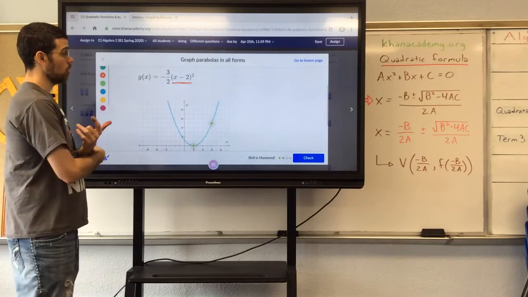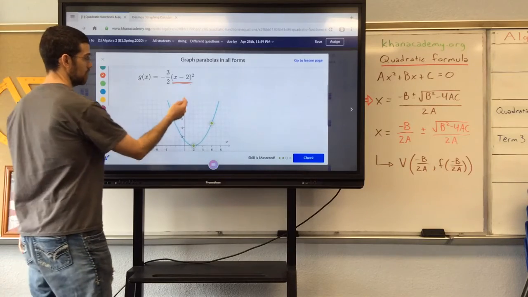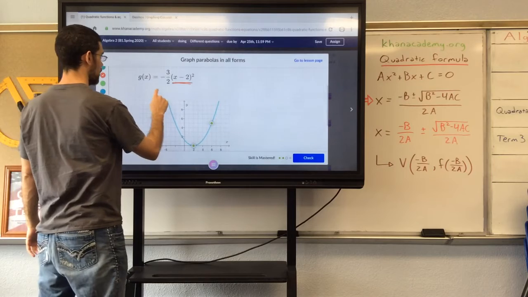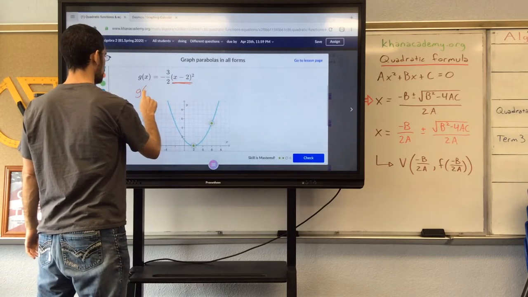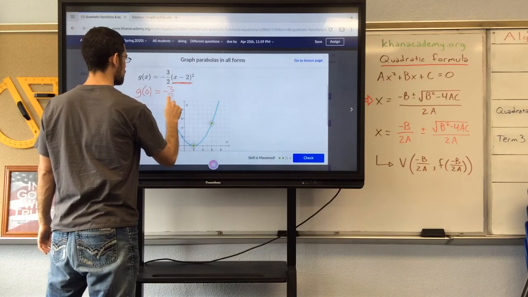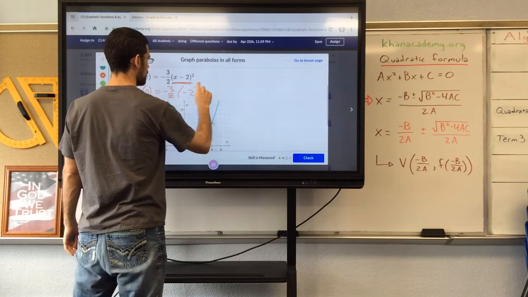Okay, so what would happen if I had x be 0? If I have x equals 0, then g of 0 equals negative 3 halves times negative 2 squared.